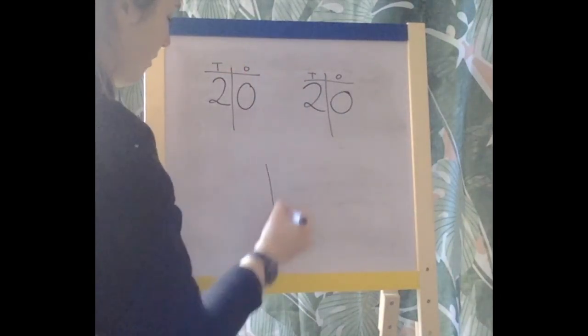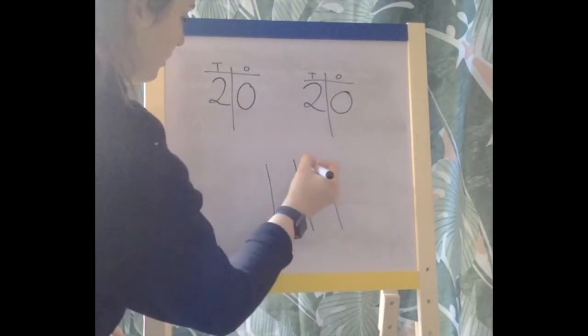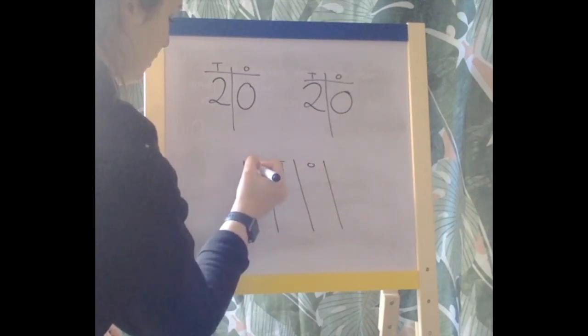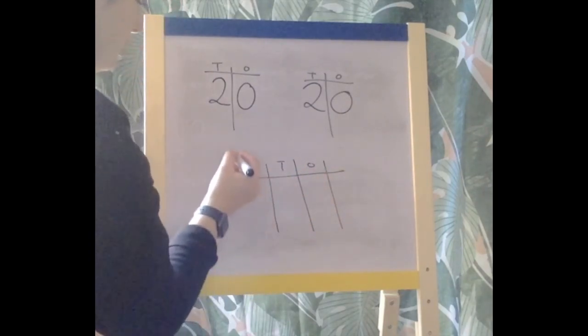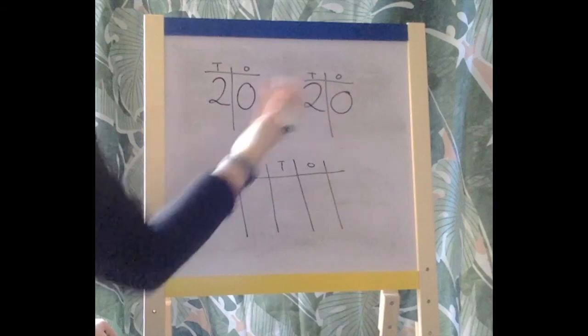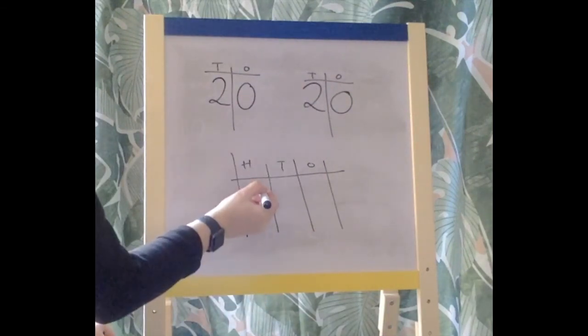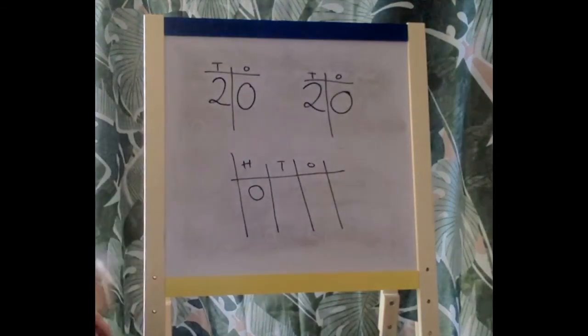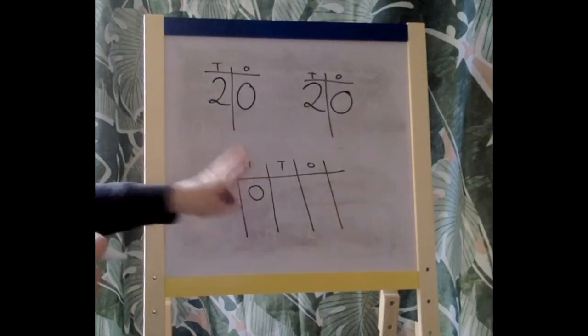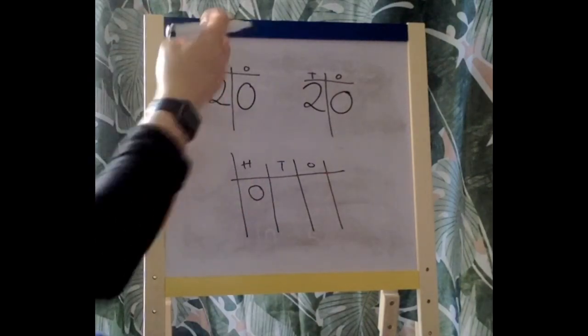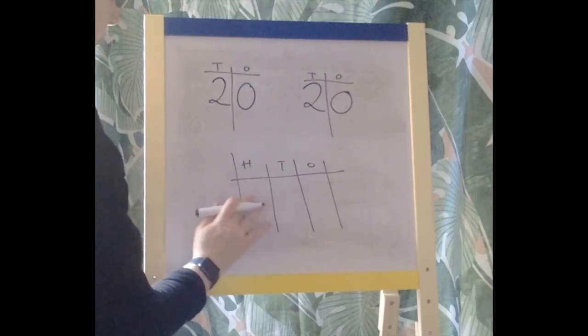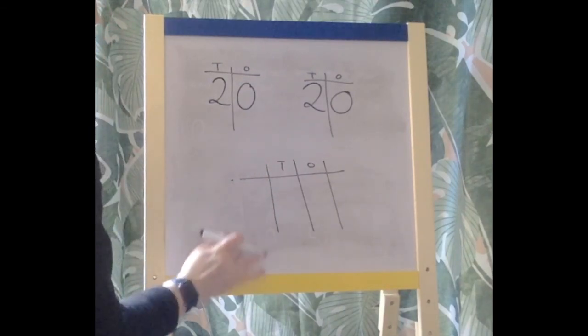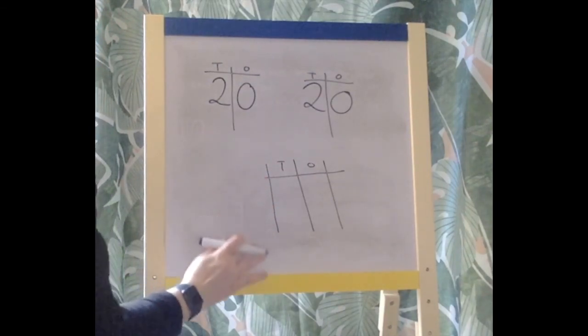So if I was to do another little chart down here, we've got nothing in the hundreds, so we leave that blank, or you can write a 0. I sometimes write a 0 just to remind me that there is a number there, but it's 0. Okay, but we'll leave that blank for now, and we don't really need this column. We don't want to confuse ourselves.